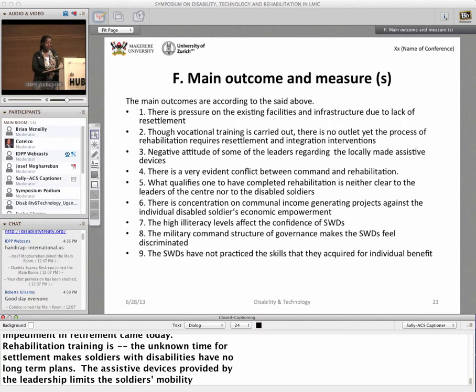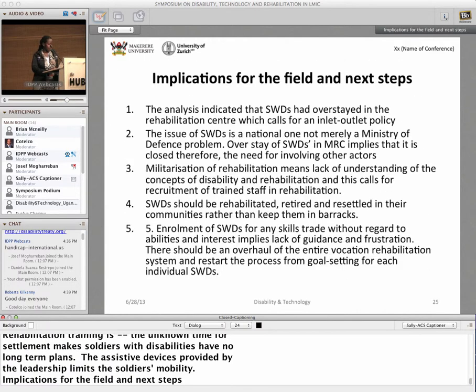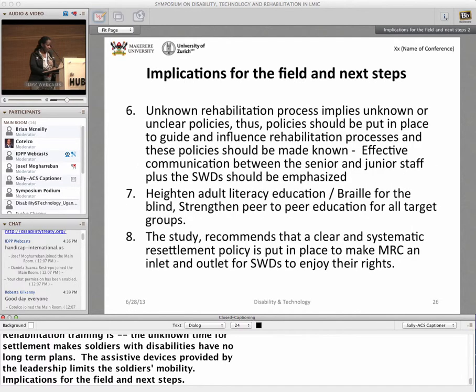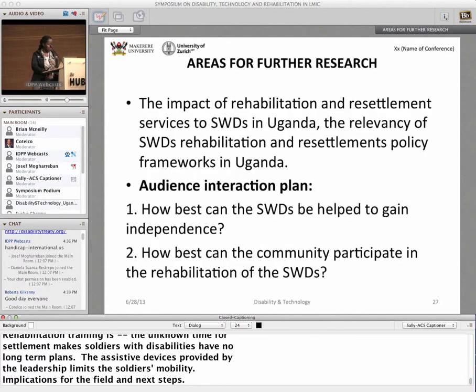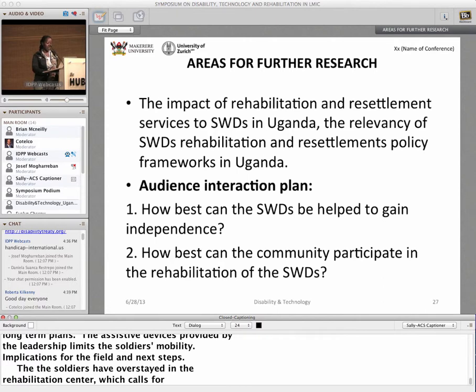Well, implications for the field and next steps. The analysis indicated that soldiers have overstayed in the rehabilitation center, which calls for an outlet policy as contended by many of the soldiers.